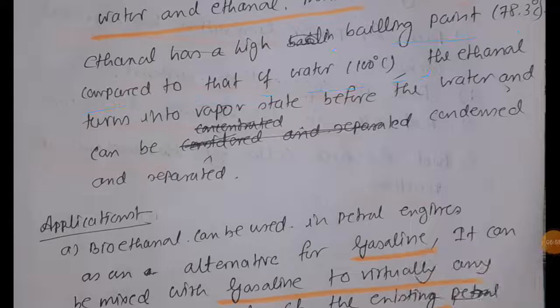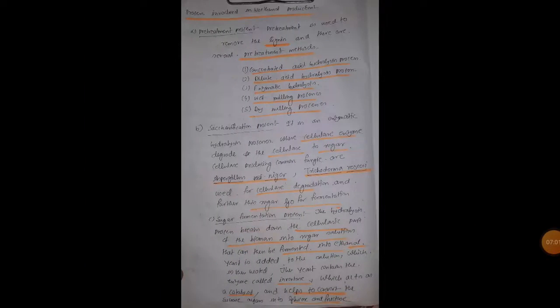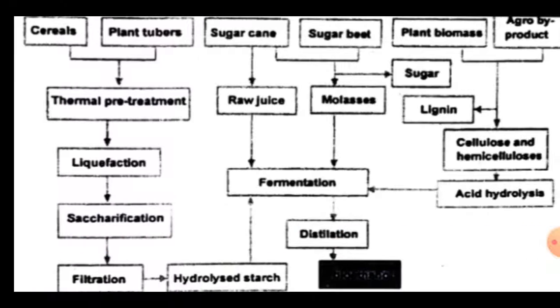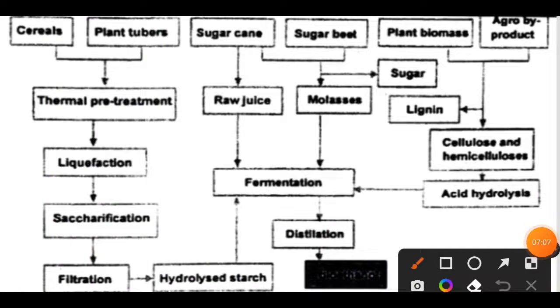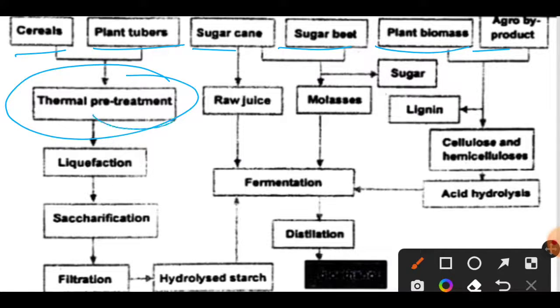Clear? So now I am going to provide a chart that will make it clearer about the production of ethanol. We can use cereals, plant tubers, sugar cane, sugar beet, plant biomass, and agro byproducts. Then thermal pretreatment, which is again the lignin removal process.